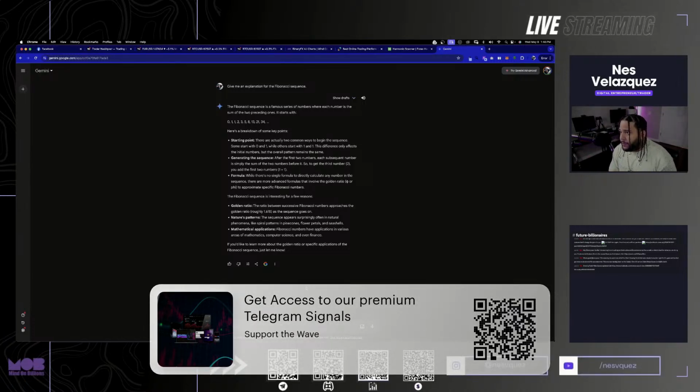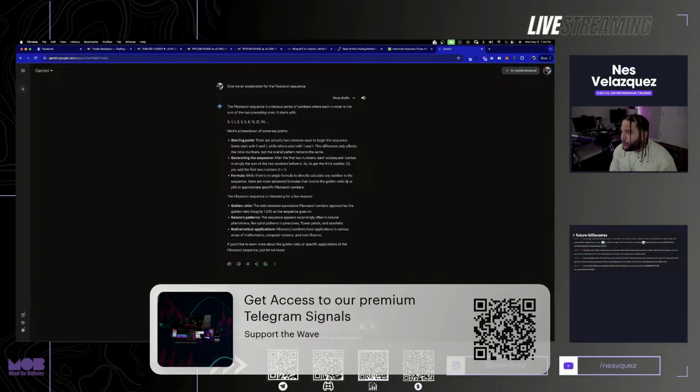But anyway, it reads, and I quote, "The Fibonacci sequence is a famous series of numbers where each number is the sum of the two preceding ones. It starts with 0, 1, 1, 2, 3, 5, 8, 13, 21, 34. Here's a breakdown of some key points. Starting point. There are actually two common ways to begin the sequence.